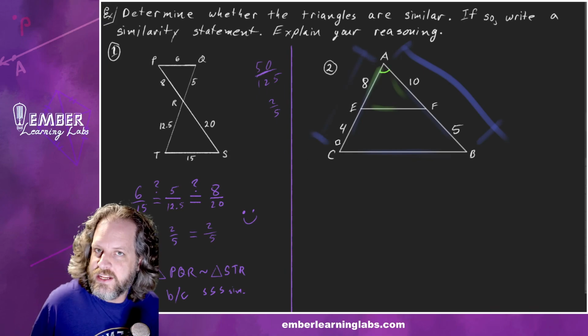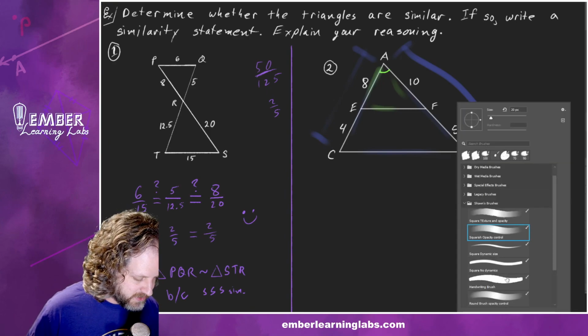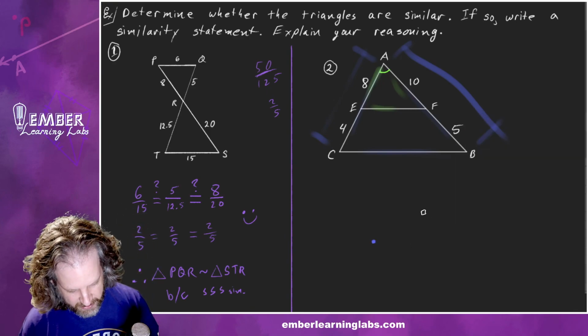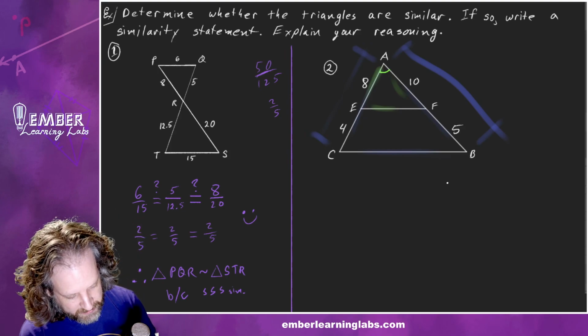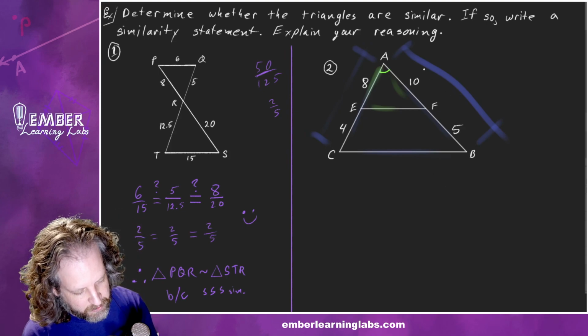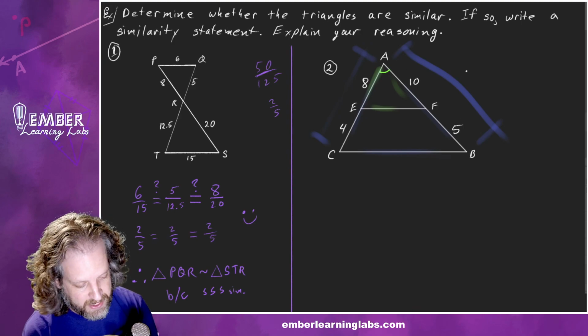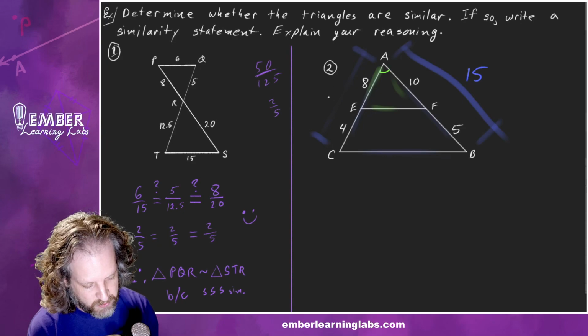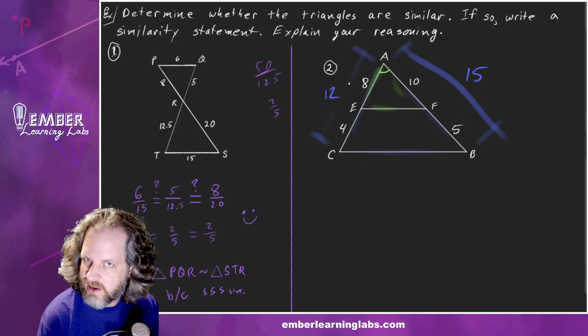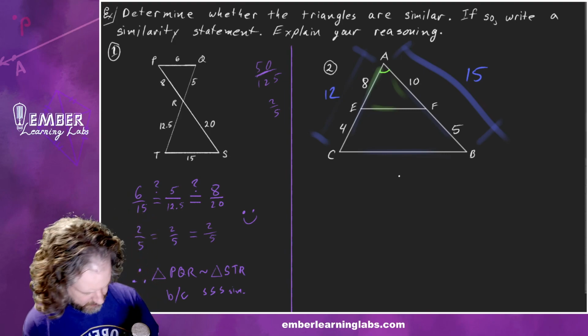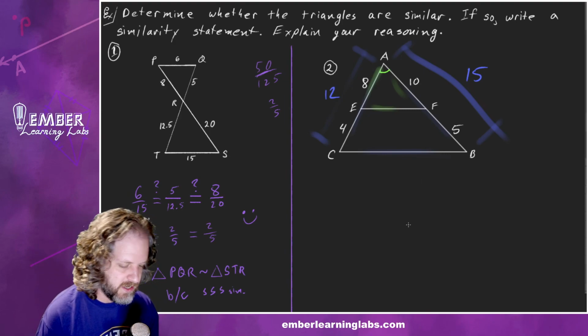Well, easy peasy, right? I basically just said how to do it. We have segment addition here. So to find these big lengths, we just add them up. So the length of AB would be 15, and the length of AC would be 12, because 10 plus 5 is 15, 8 plus 4 is 12. Easy peasy. No big deal, right?